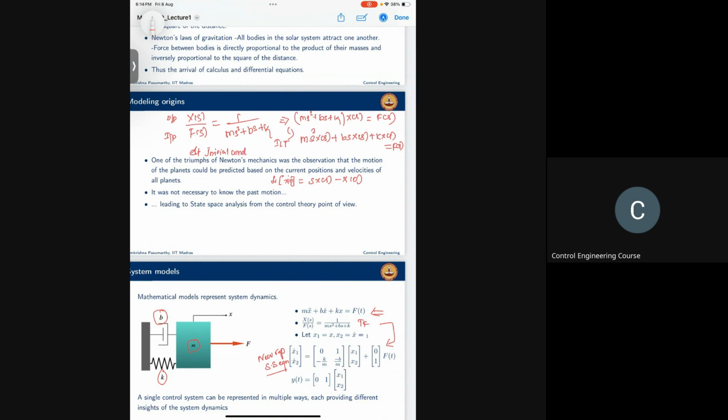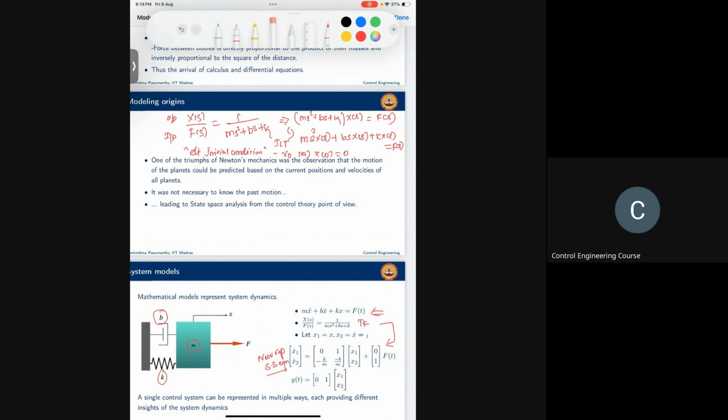So whenever you represent a system in transfer function format, you are assuming x of 0 equals 0. You are always starting the system from 0. So this x of 0 always goes to 0 when you represent it as a transfer function.